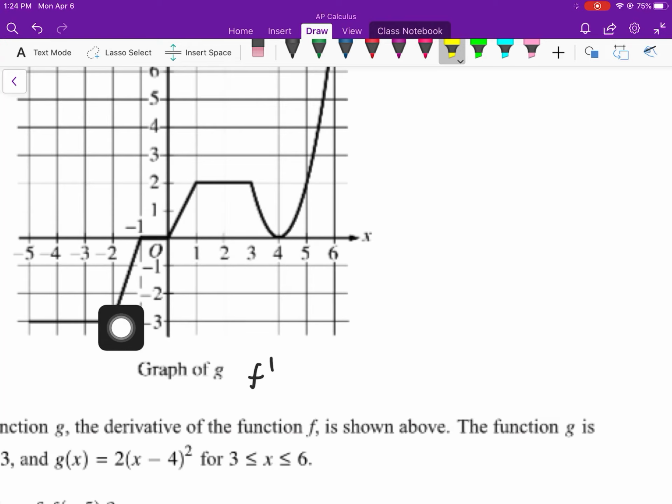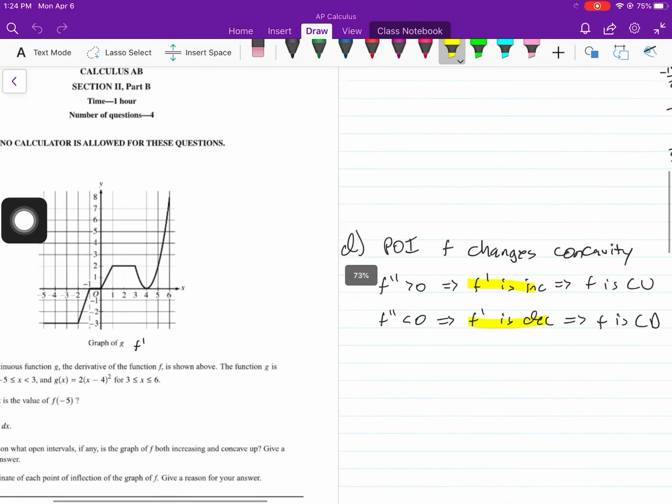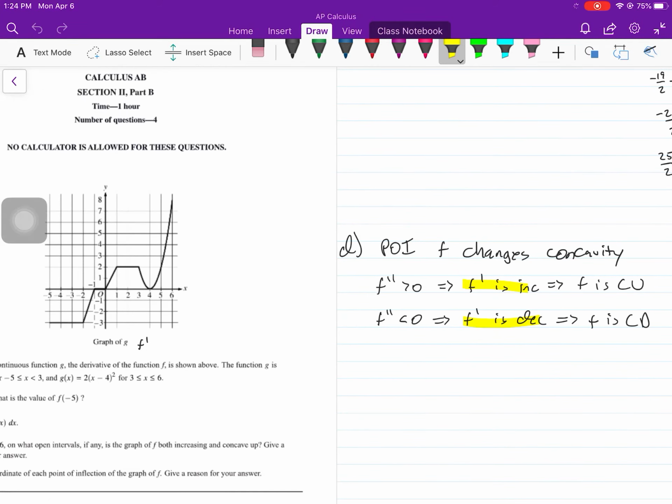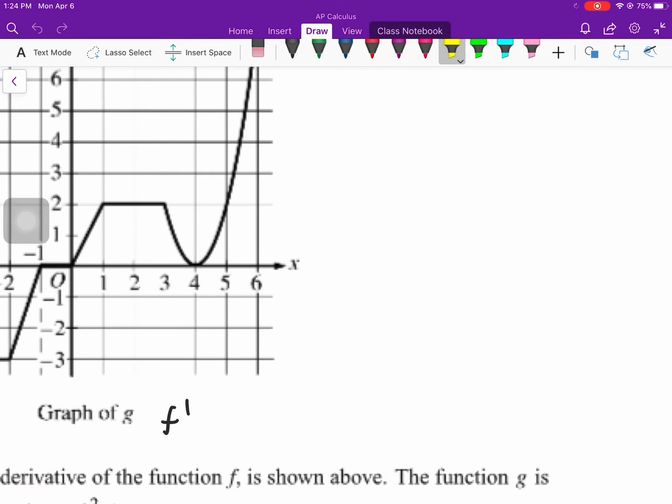So these aren't points of inflection because the concavity truly didn't change. Right here is also not a point of inflection, but at this point, because it's going from 0 to decreasing, the only point of inflection, we really want it to be changing from positive to negative. The only time that really happens is at x equals 4, because it's going from decreasing to increasing.